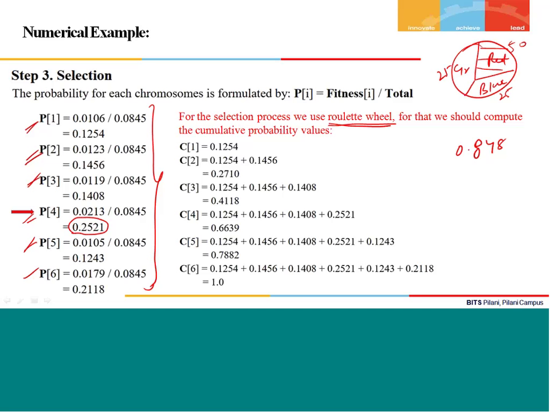This is my pointer here. If I rotate my wheel, there are 50% chances that it will stop on red in front of this indicator, because it covers 50% of the circumference, 25% chance that it will stop for blue, and 25% for green.